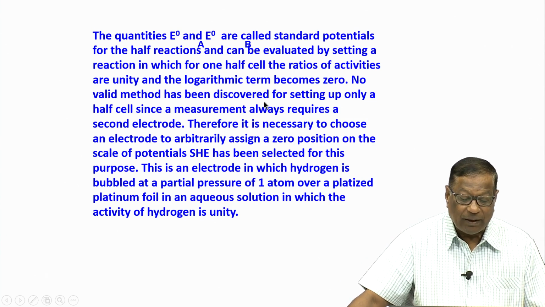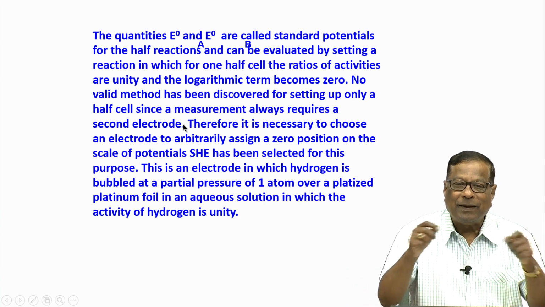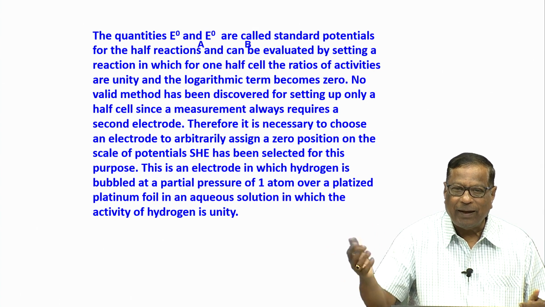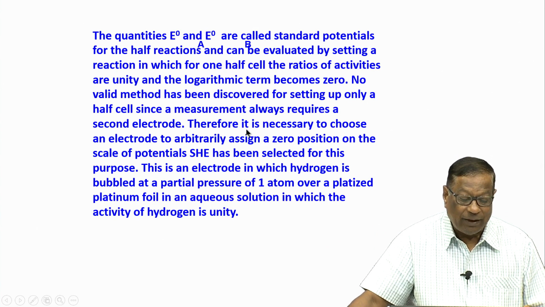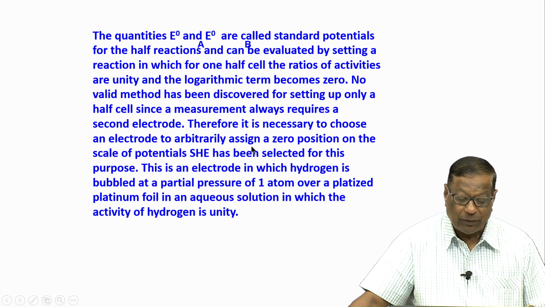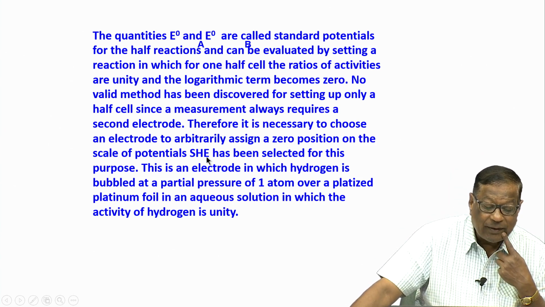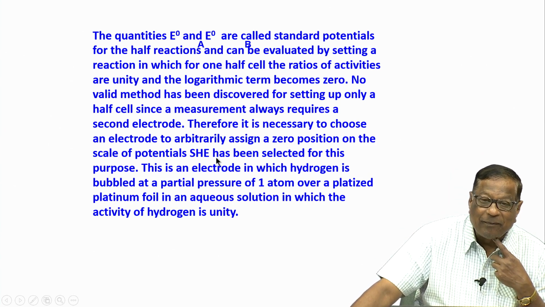So, I cannot write either oxidation or reduction as a single entity. No valid method has been discovered for setting up only a half cell, since a measurement always requires a second electrode to complete the circuit. Therefore, it is necessary to choose an electrode and arbitrarily assign a 0 position on the scale of potentials.